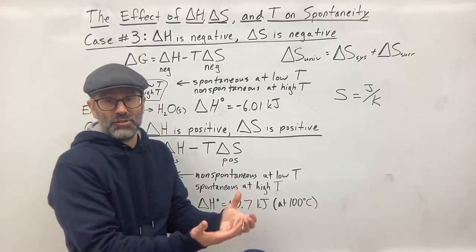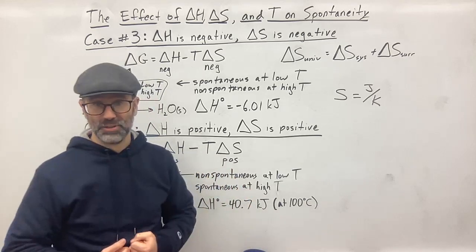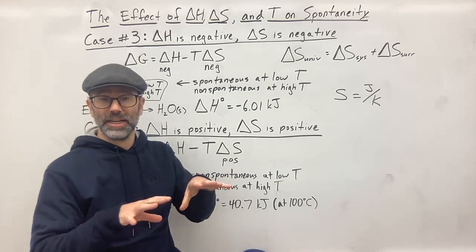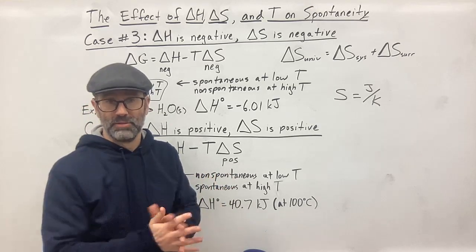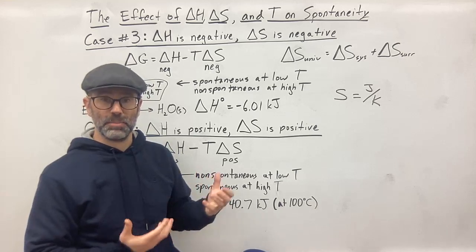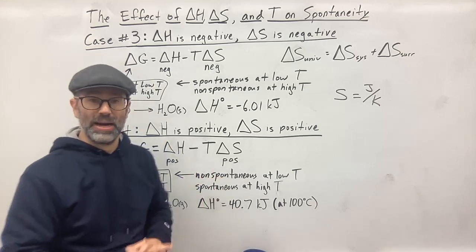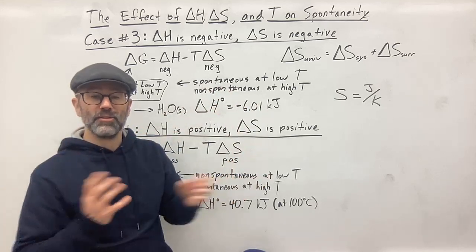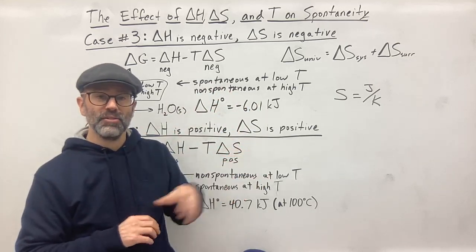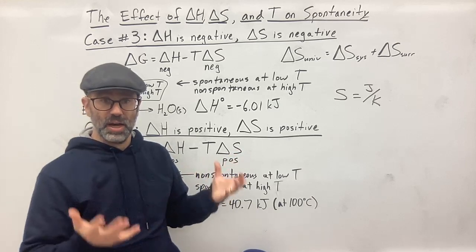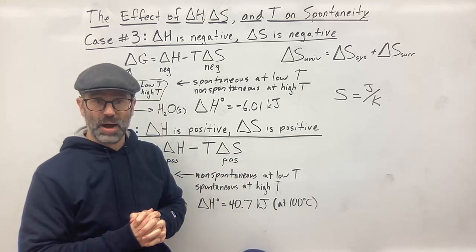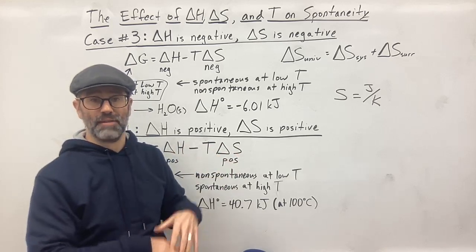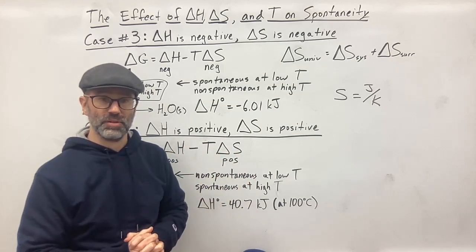But giving $1,000 to a millionaire or taking $1,000 from a millionaire doesn't really have any effect on their financial situation, right? So same thing with the temperature of the surroundings. At a high temperature, it's already full of heat, so adding a little bit more heat is not really going to affect the entropy of the surroundings. But at low temperature, if you add a little bit of heat, that's going to have a dramatic effect on the entropy of the surroundings.